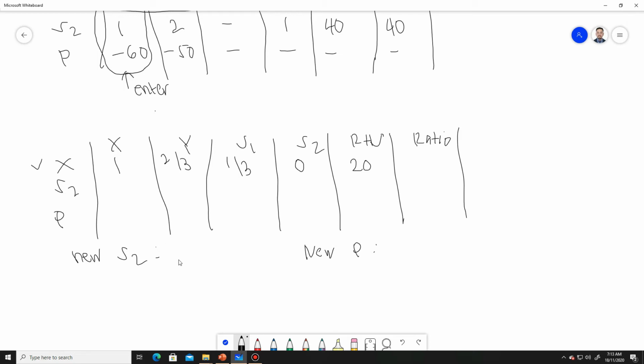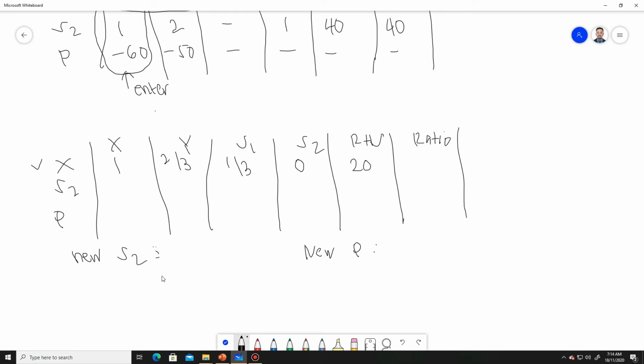Elements in the old row minus intersectional elements of the old row multiplied by the corresponding elements on the replacing row, and that will be the element of the new row. So, first, the elements in the old row. The old row S2, these are its elements. So, we will list them.